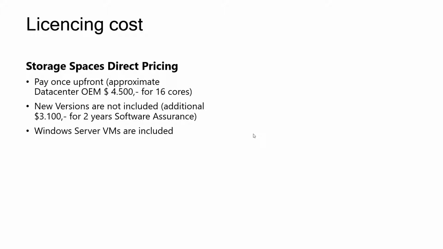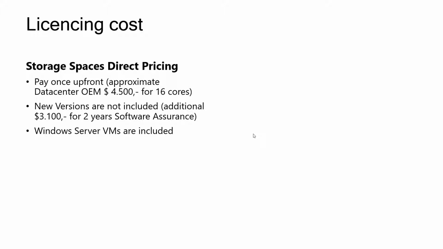So if the volume license is $6,200 for 16 cores, software assurance will be roughly about $3,100 for 2 years of software assurance. The good thing with Windows Datacenter, all your Windows Server VMs, the licenses for that you run in your Storage Spaces Direct design, are included in the Datacenter license.